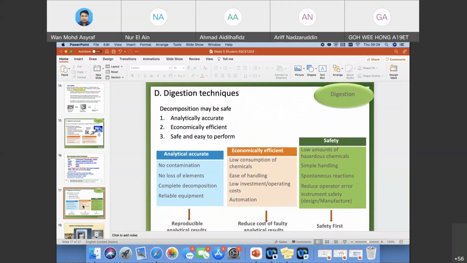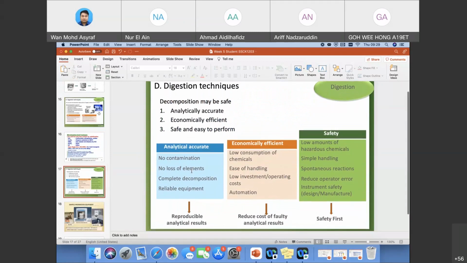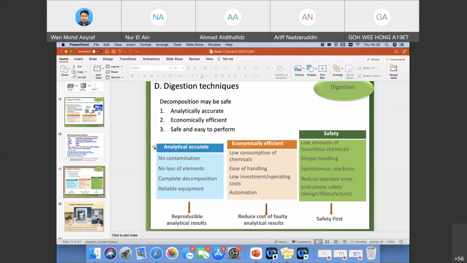So, I think that after this, we are going to look at the procedure of digestion. So, the digestion ni, itulah, as I said, it's going to be using acids. So, digestion techniques, the decomposition is safe for analytical work, accurate, and economically efficient because it's just using acid, and it is safe and easy to perform.